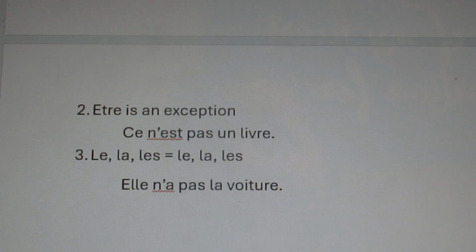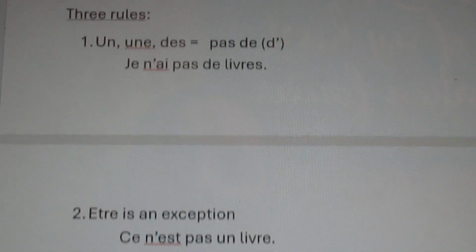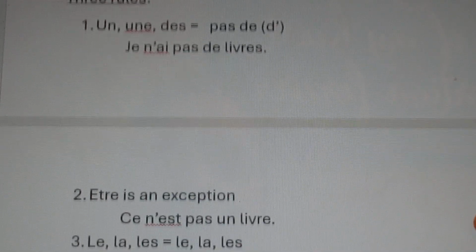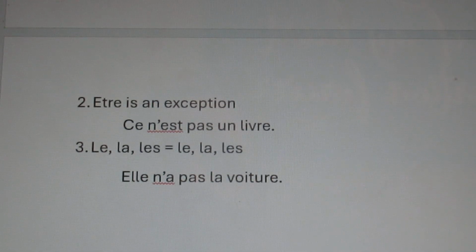So with le, la, and les, my definite articles, I do not need to change those and make it pas de. So again, the 3 things we want to keep in mind is number 1, if we have un, une, and des, they're going to become our pas de. If we're using être as a verb, we are not going to worry about any changes. And if we have le, la, and les, we're not going to worry about any changes.